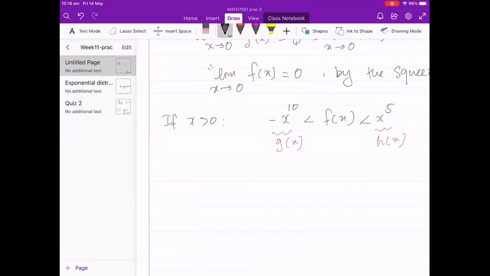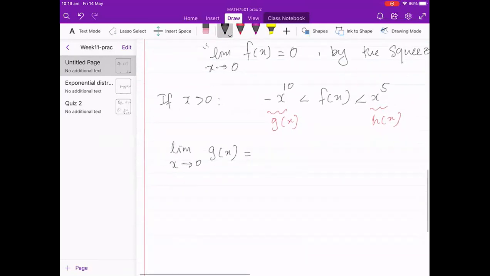And therefore, the limit as x tends to 0 from the right of g(x) is equal to what? Zero, which is also the same as the limit as x tends to 0 of h(x).